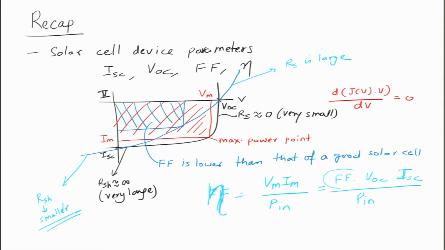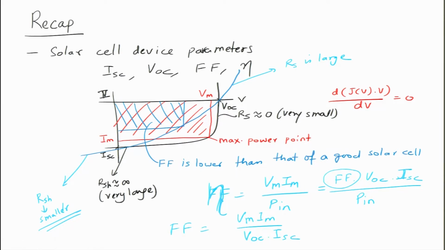So, if your fill factor is higher, your efficiency of power conversion is going to be better, which is where you write fill factor as VM IM divided by VOC times ISC.